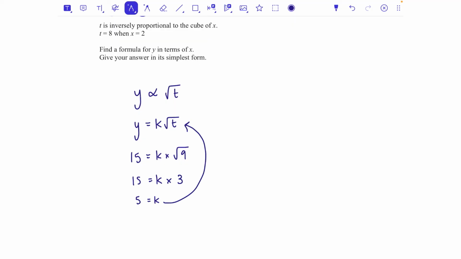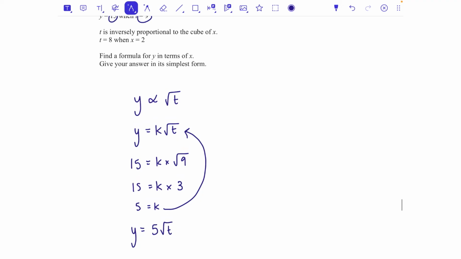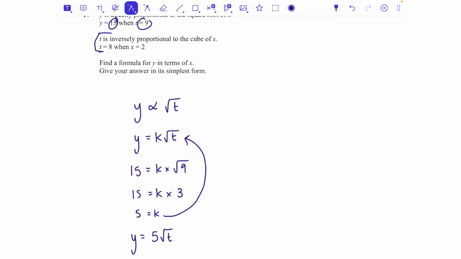We know that connecting factor between the two values, so y equals 5 lots of root t. Now let's have a look at the other statement we're told. T is inversely proportional to the cube of x, so t equals k over x cubed.